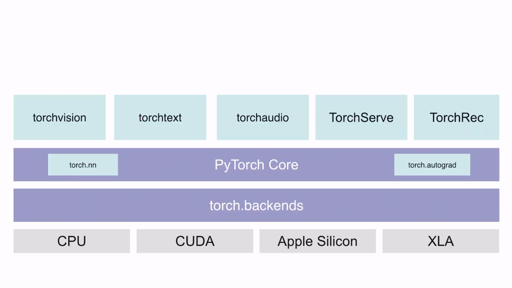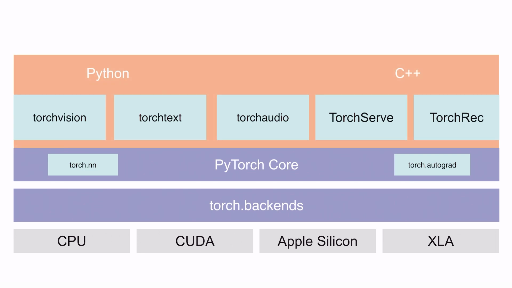As I refer to PyTorch, I really am talking about a whole ecosystem of libraries. And in this ecosystem, we have both a Python as well as a C++ API, which we'll talk a little bit more about. But PyTorch itself, you can think of as this core library that does a lot of the heavy lifting for us.